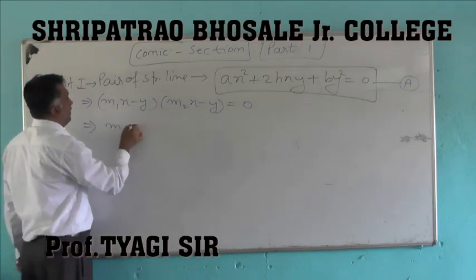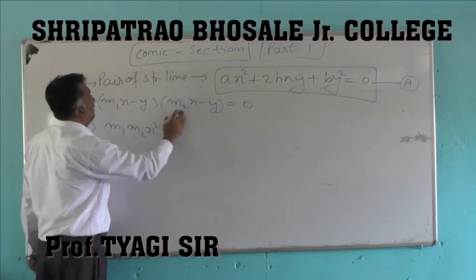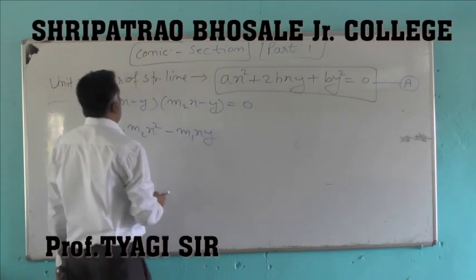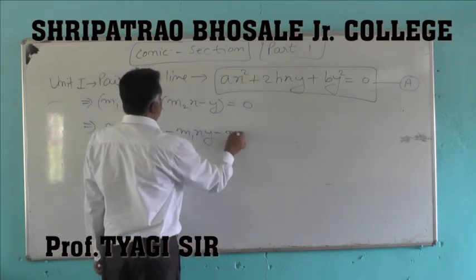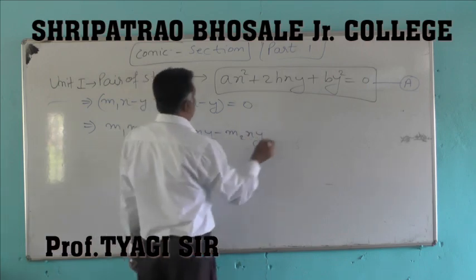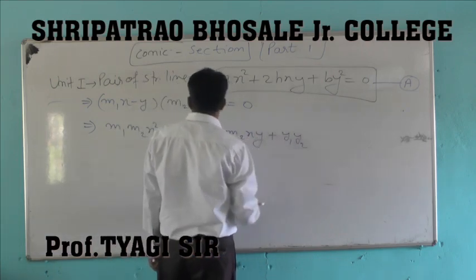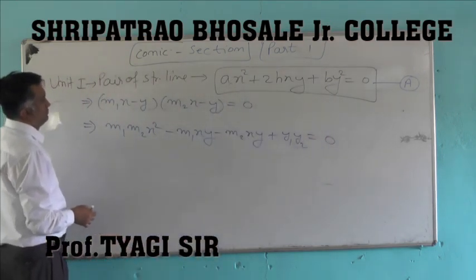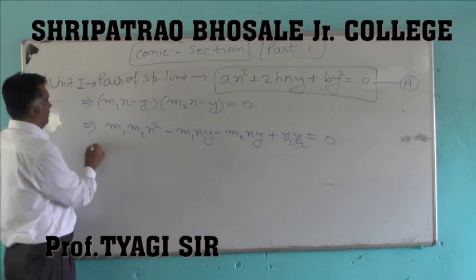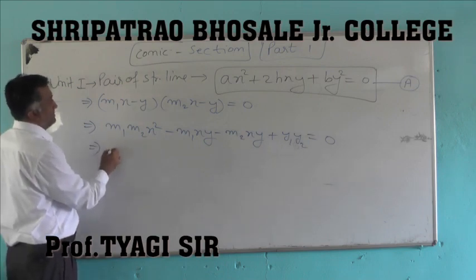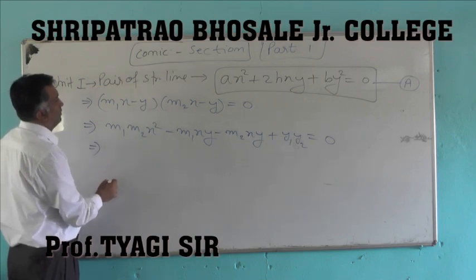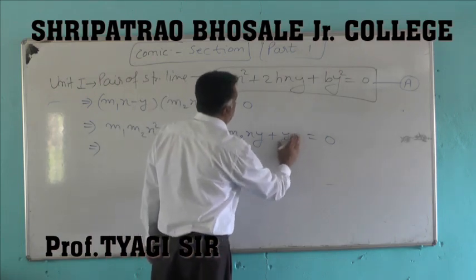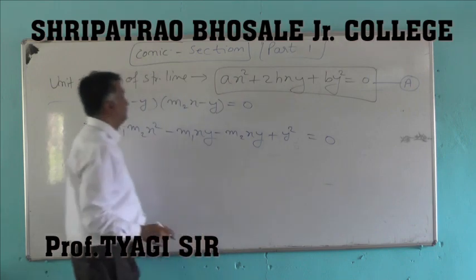Expanding: m1 m2 x square minus m1 xy minus m2 xy plus y square. Correct.